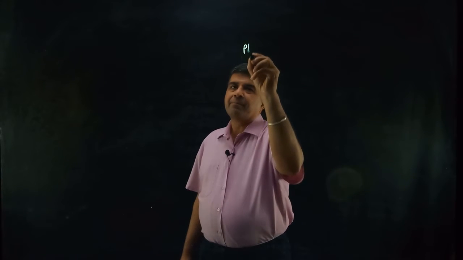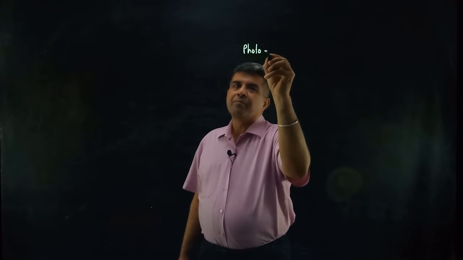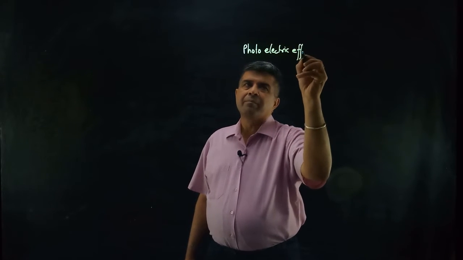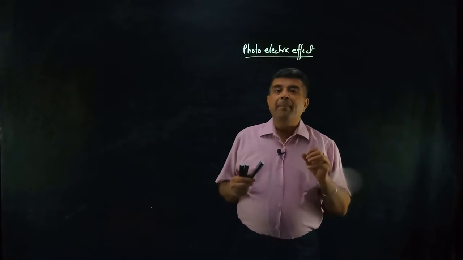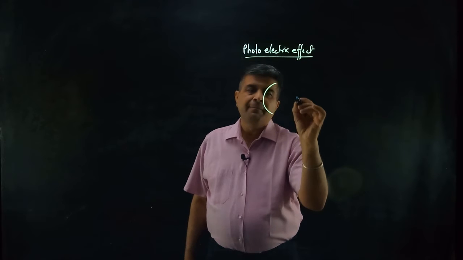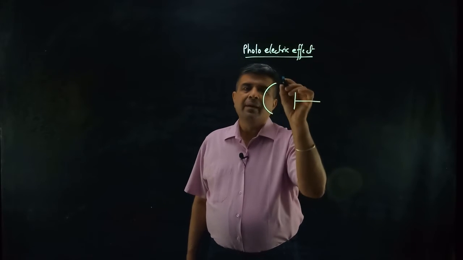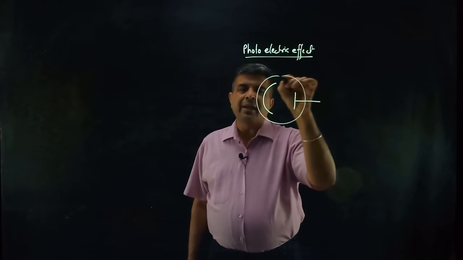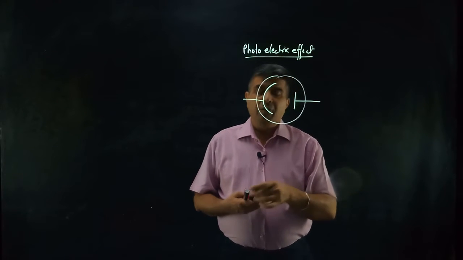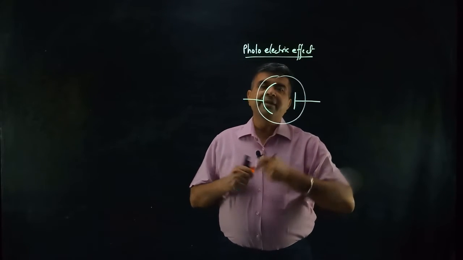Now let's see what is particle characteristic. Photoelectric effect is a particle characteristic. Say this is a photoelectric cell, and in this cell, say light is made incident.